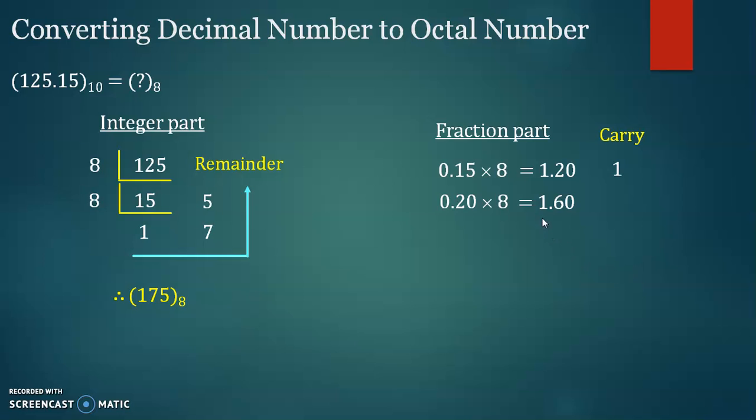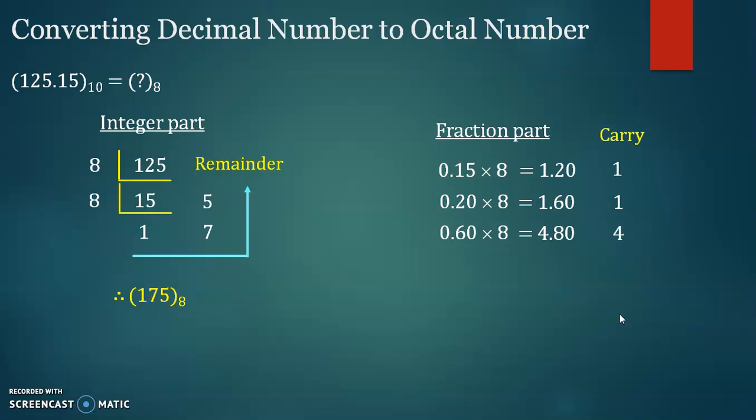Again 1 is in the integer portion, so this 1 will be written as a carry. In this multiplication we have 0.60 as the fractional part. So 0.60 is once again multiplied by 8 and we get the result 4.80. In this situation our carry integer is 4.